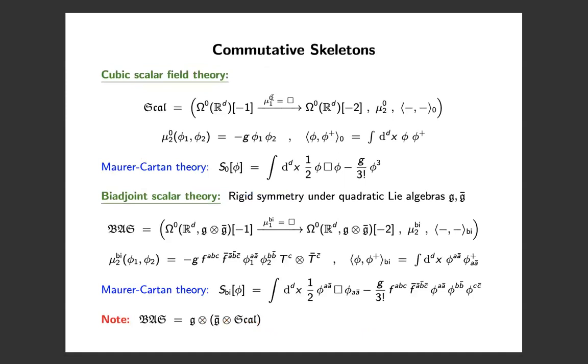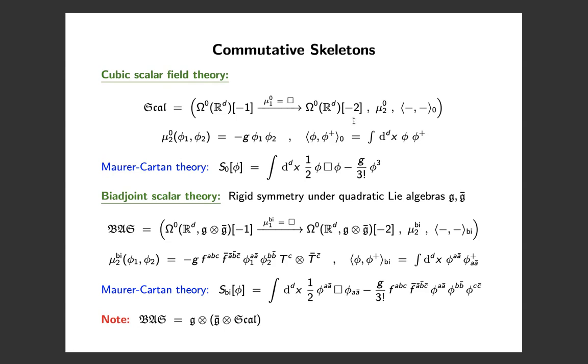So let's look at this in the language of what I call the commutative skeletons. These are going to be the building blocks of all the theories that we look at today. The first is the scalar field theory. So what is the differential graded Lie algebra of scalar field theory?